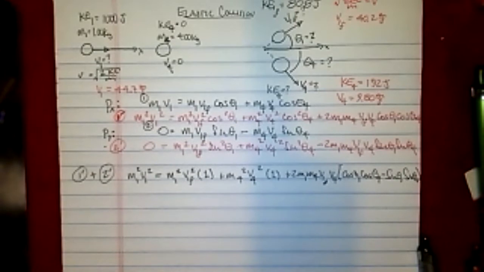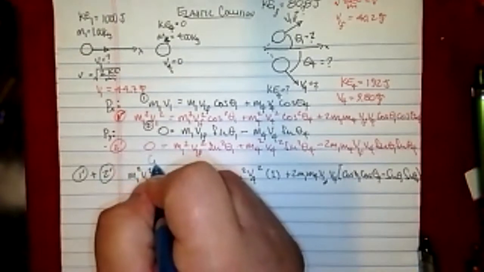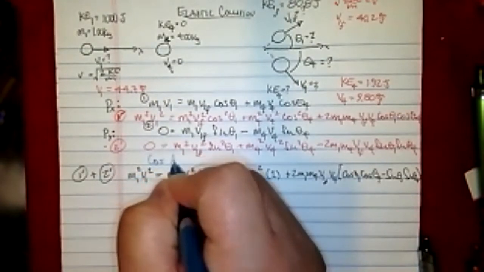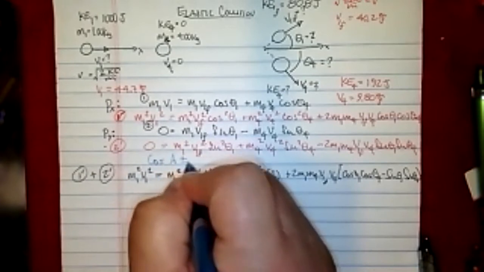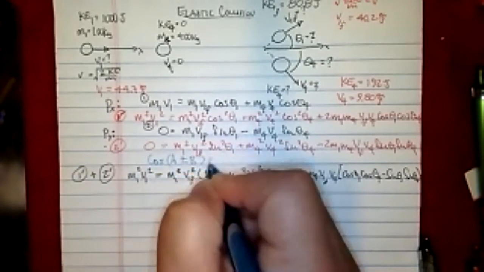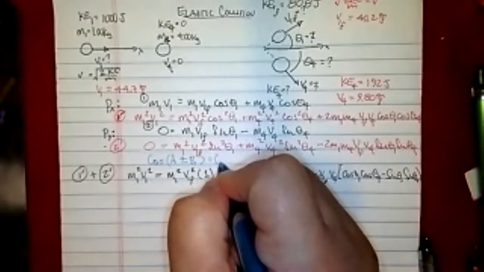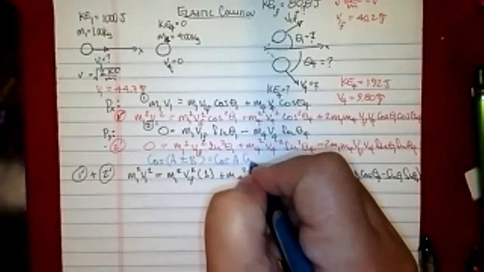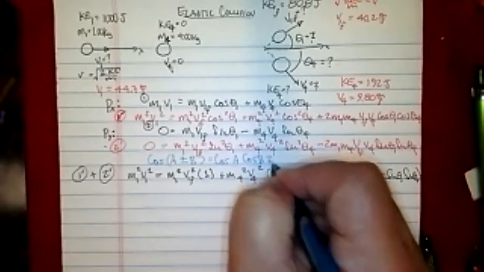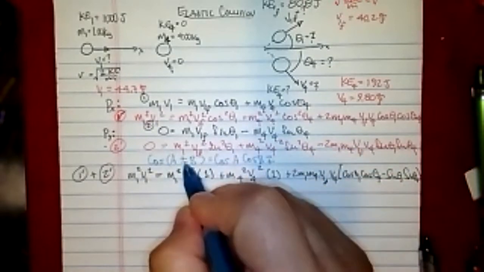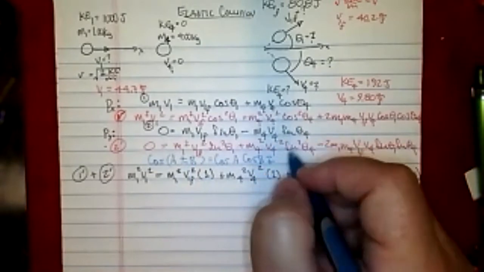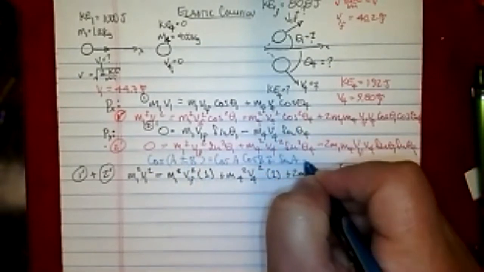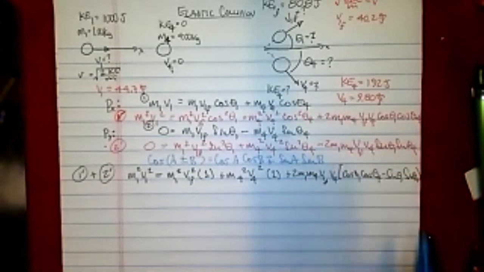Hopefully you've at least seen it. And that specifically is the cosine of A plus or minus B is equal to cosine A, cosine B, minus or plus, so the plus goes with the minus and the minus goes with the plus, sine A, sine B. So we can change this whole thing right here.